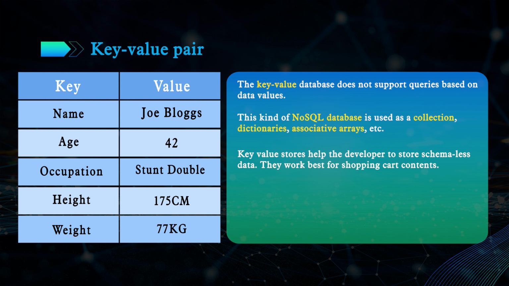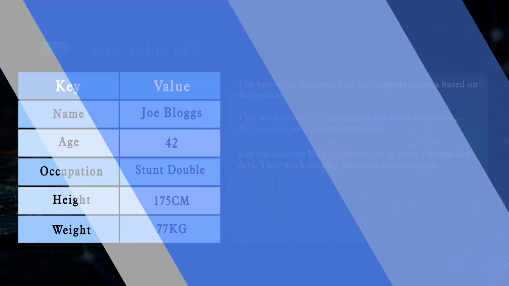The advantage of key-value database is good scalability, flexibility, and high performance when writing in large numbers. The disadvantage is that it cannot store structured information, and conditional query is inefficient.